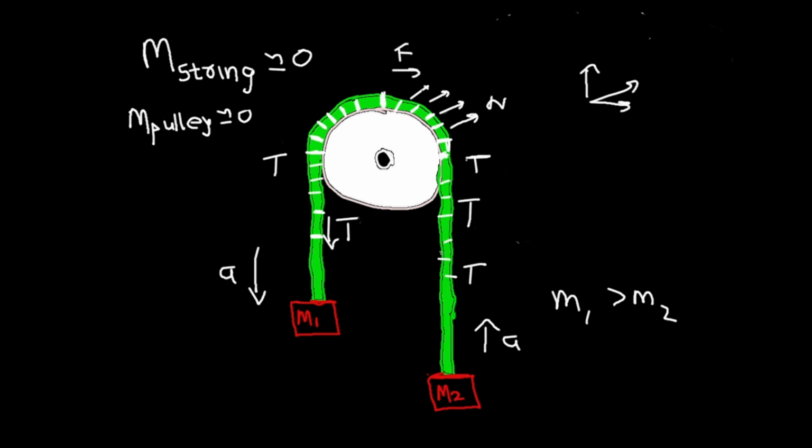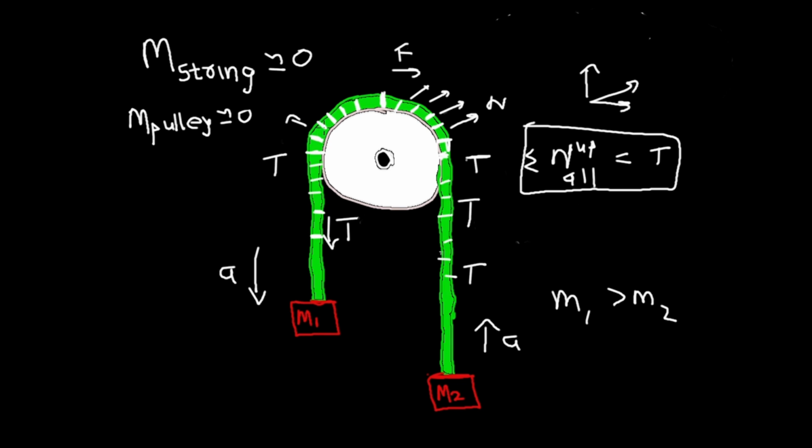So all the upward components of the normal reaction cancel the tension. The summation of all the upward components of the normal reaction will be equal to the tension of the string. This is the idea. Here also, the upward components of the normal reaction completely cancel the tension.